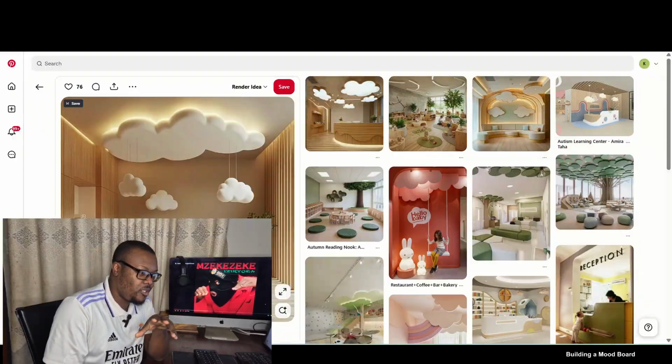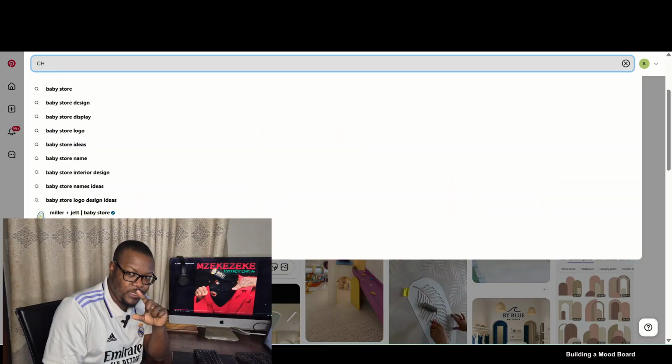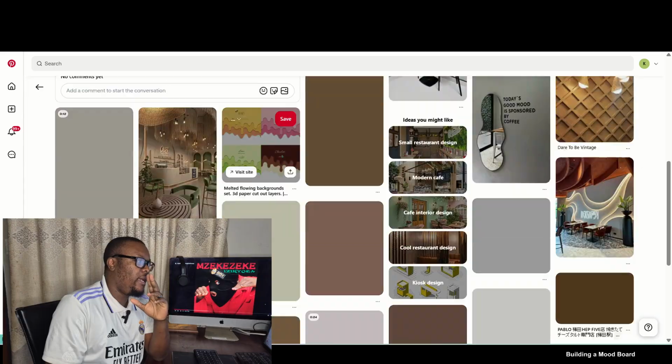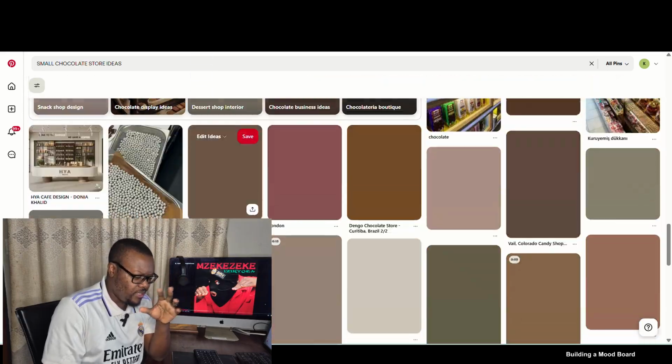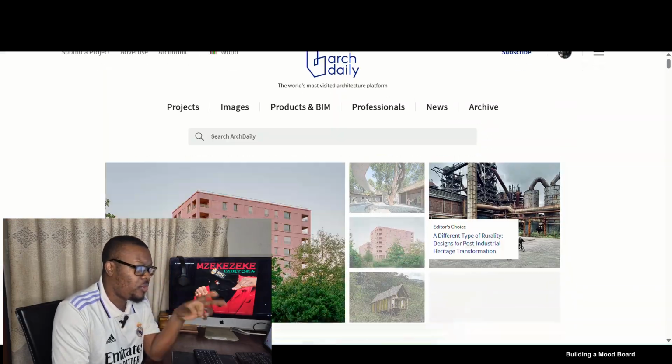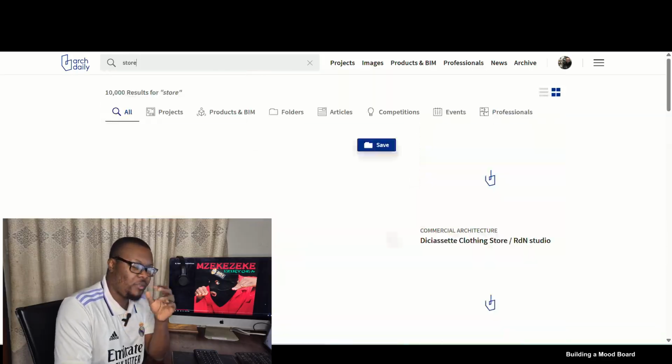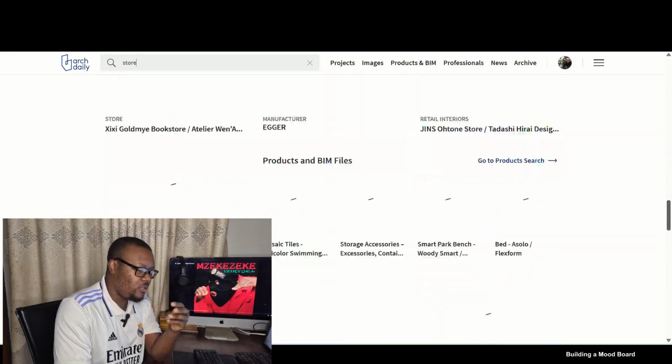I went searching for different baby stores, as we did say we'll be doing the baby store makeover. And I picked elements of different designs that I liked, threw them together. And yeah, now once you get the model, you'll be able to go through the model, look at the different elements in said model. You'll know where to get the elements from in real life and the price it'll cost you.